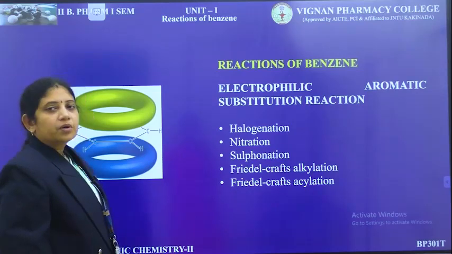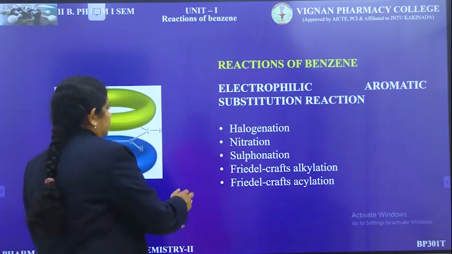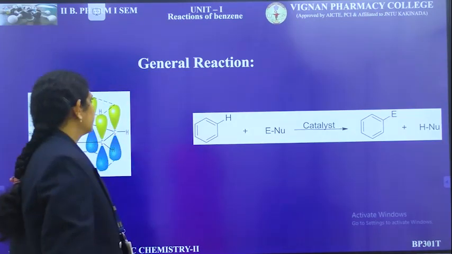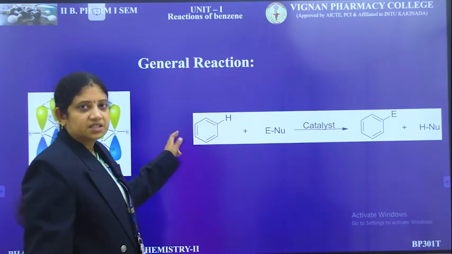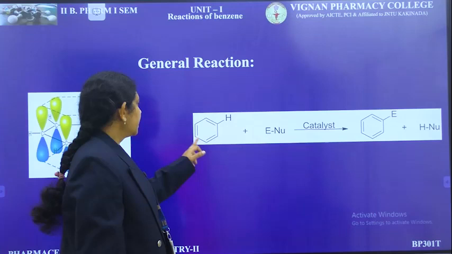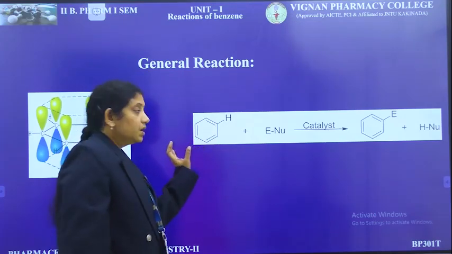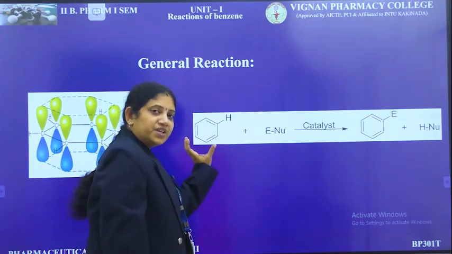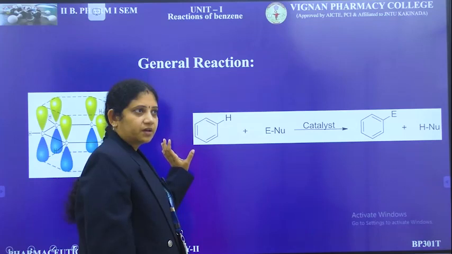Now, we will discuss the general reaction mechanism of halogenation. You all know the structure of benzene, consisting of 6 carbon atoms further bonded with 6 hydrogen atoms. Here, benzene acts as a base. Why?